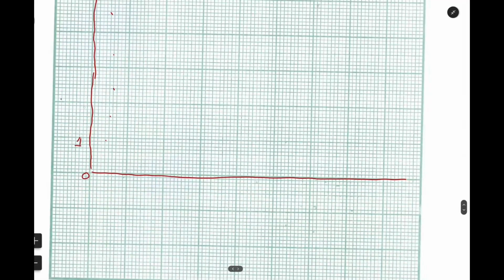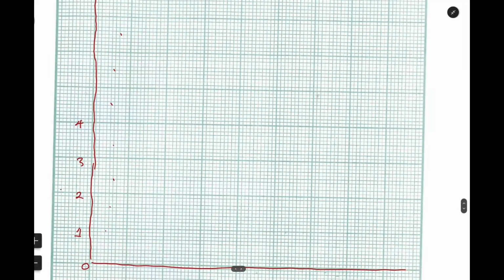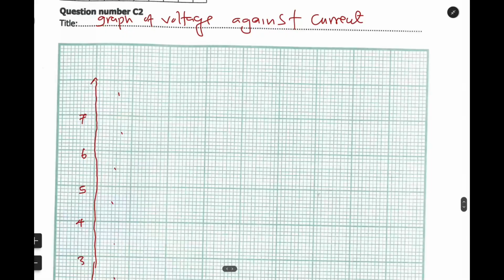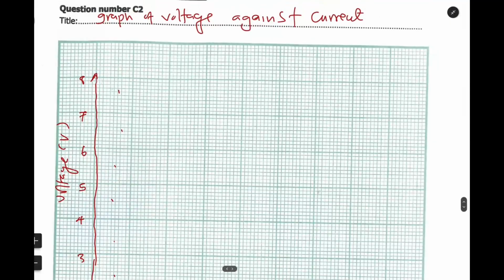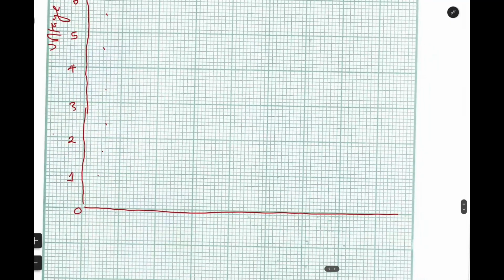So this side is the voltage in volts, and I'm moving in ones. So it means the scale is 2 centimeters equal to 1 volt.